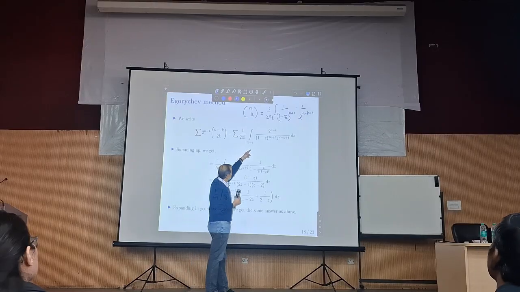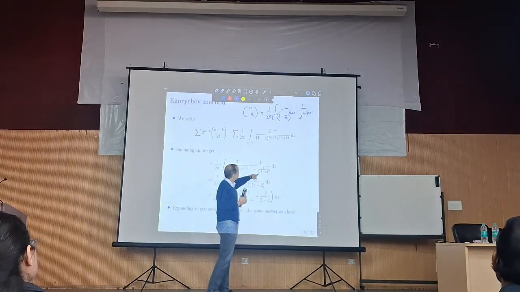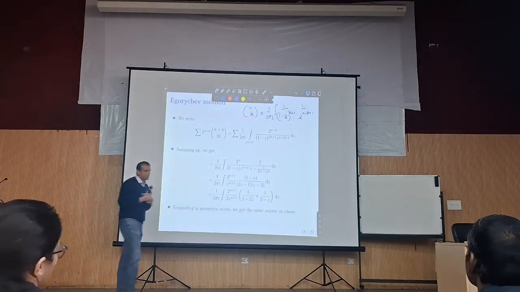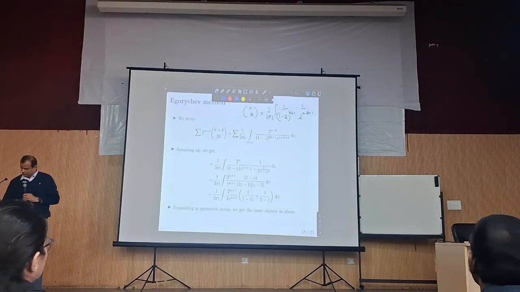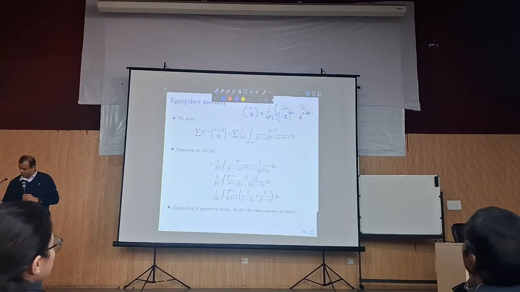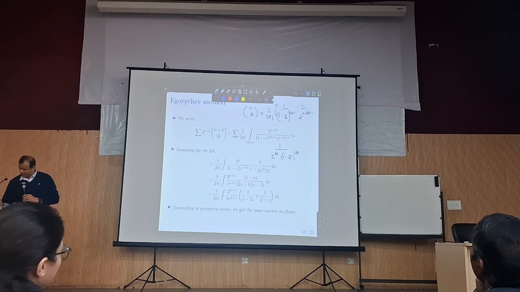So the summation in k is going to be what? There's a 2 to the k in the bottom, right? 2 to the k in the bottom. So it's going to be a geometric series. That's what I'm trying to say. So what we have is 1 over 2 to the k, 1 minus z raised to 2k, and then z to the k.